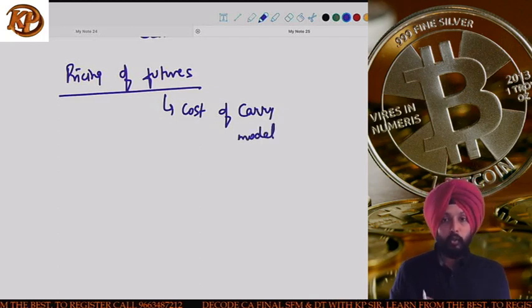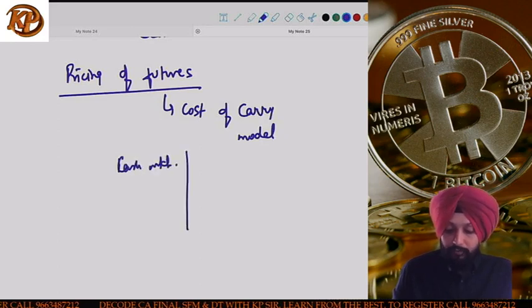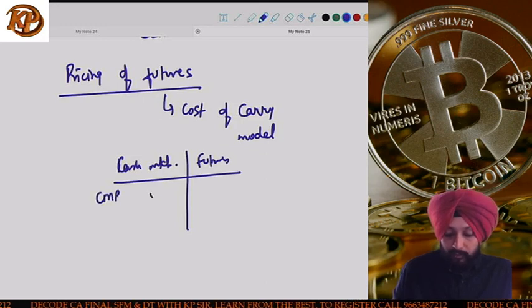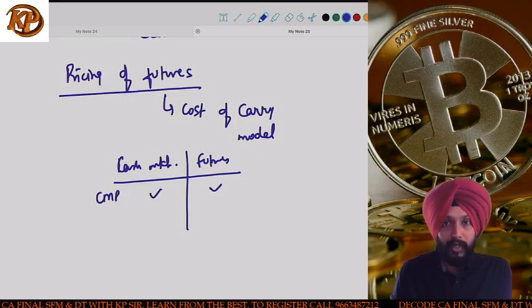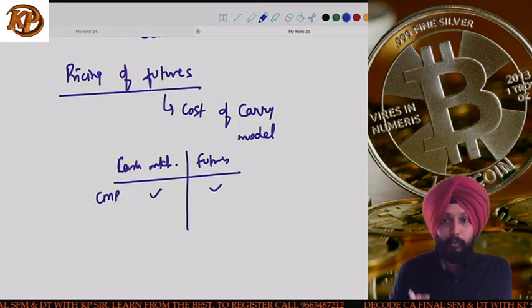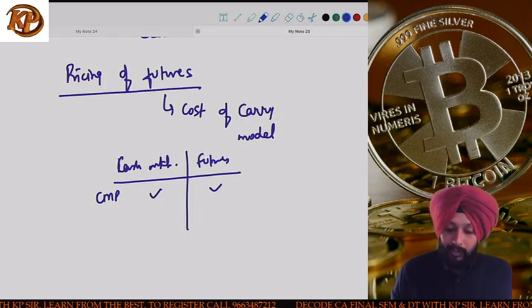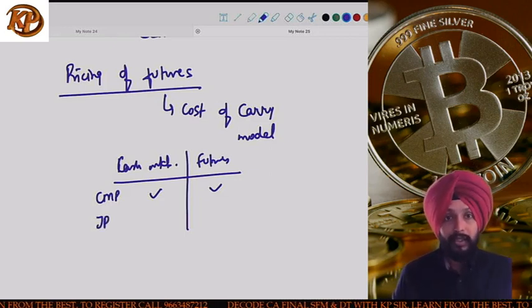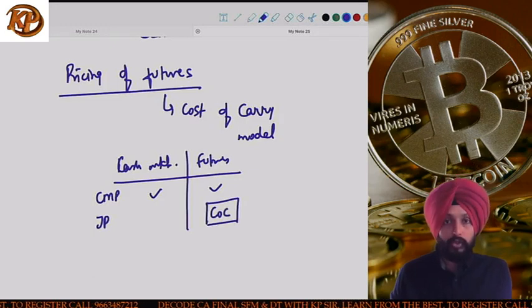And what I told you is that we have a cash market and futures, with current market prices available in both markets, where the future price is very close to the cash market price. This is purely determined by demand and supply, whereas the justified price is what we calculate using the cost of carry model for futures.